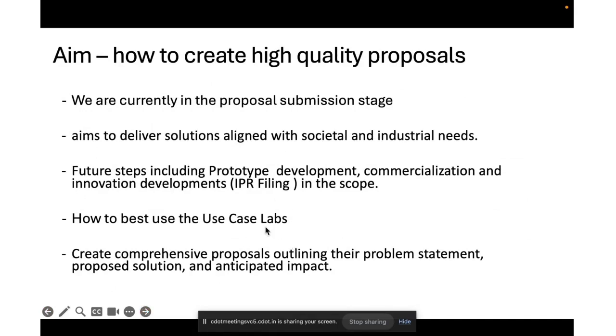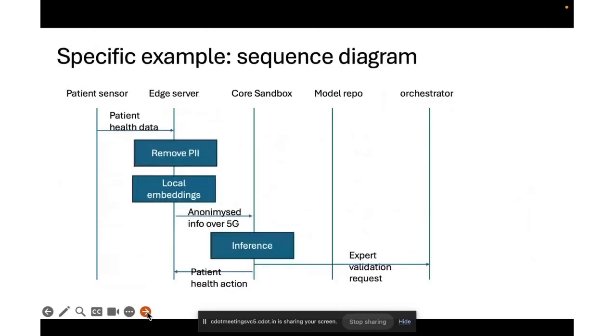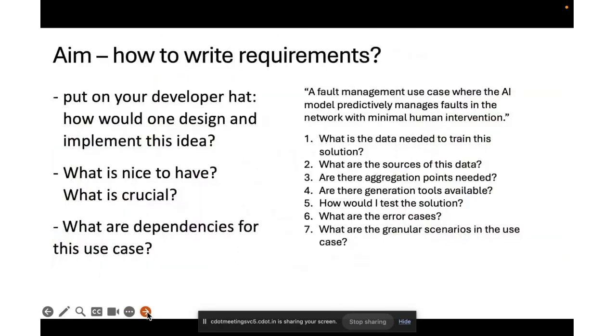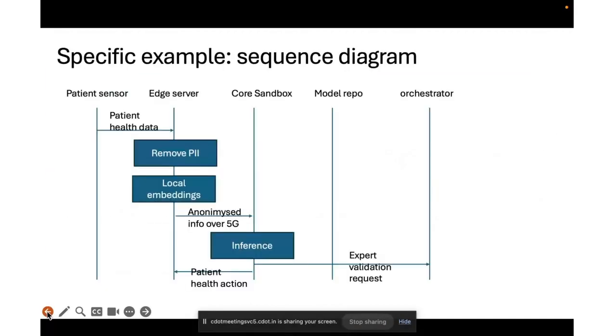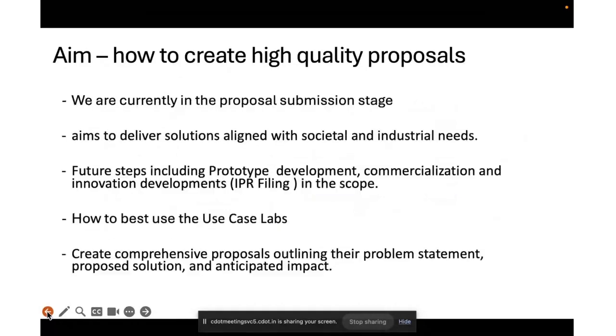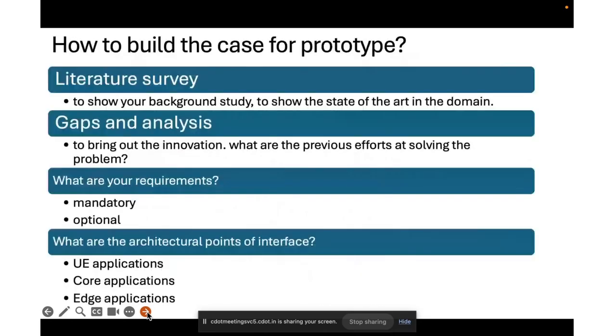This point is related to what I am telling here, that is, how would I test this solution? Your answer to this will probably get you points which tick a couple of boxes regarding how to best use the use case labs.